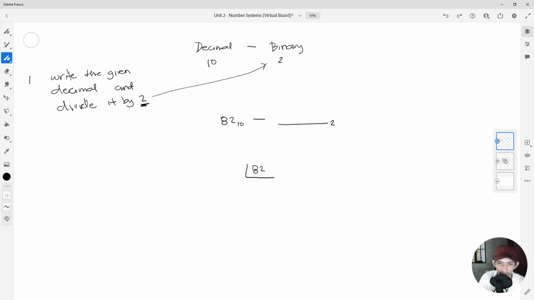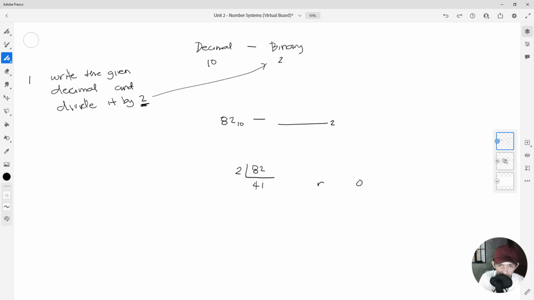Usually ginagamit kasi natin dito sa taas. So, 82 divided by 2 is 41, and then you will write the remainder here. Ano ba ang remainder niya? Since sakto siya, wala tayong remainder. So, we're going to write 0.